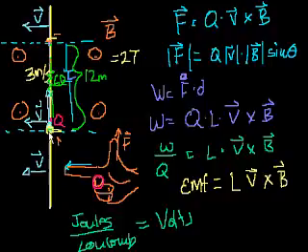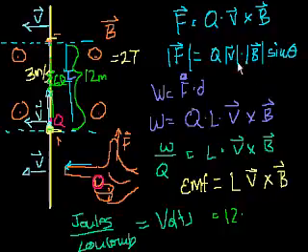So the EMF, the electromotive force put onto the wire by the magnetic field, is going to equal the length of the wire in the magnetic field, 12 meters, times, well, when we're taking the cross product, we know that the velocity is perpendicular to the magnetic field, so we don't have to worry about sine theta, because theta is already 90 degrees.